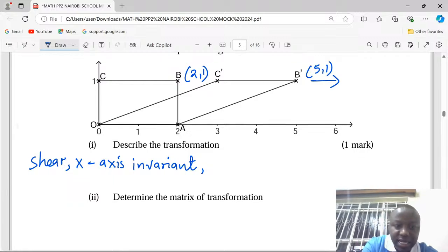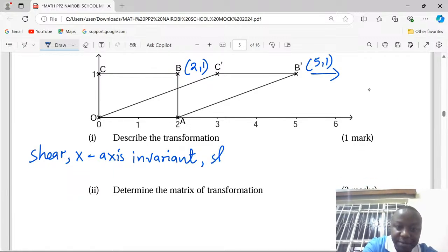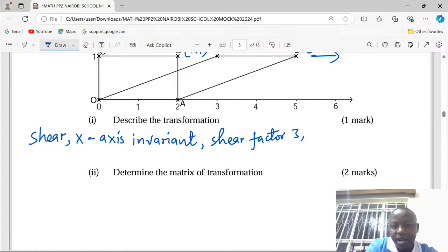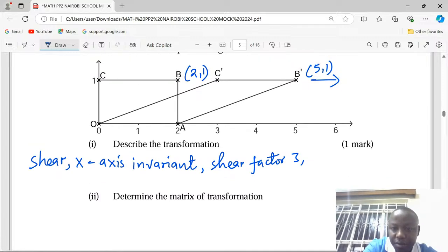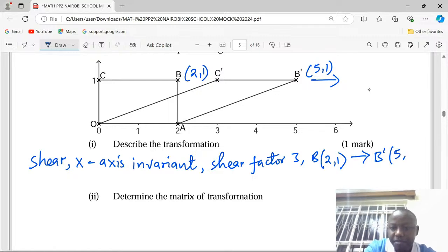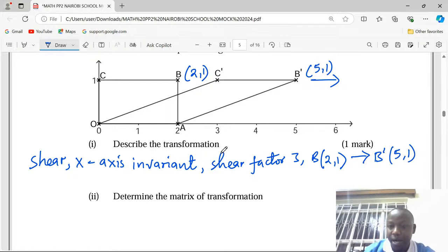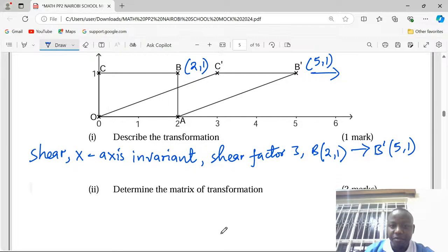So we can say shear factor 3. Then we say a point like B, which is 2, 1, is being mapped onto B prime 5, 1.